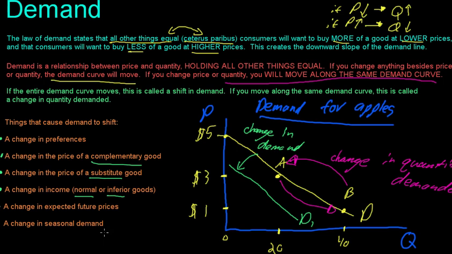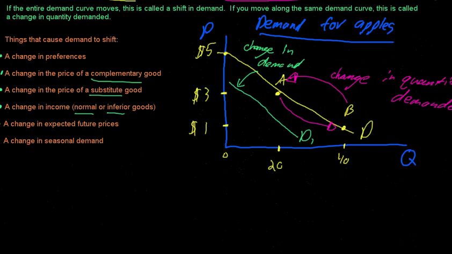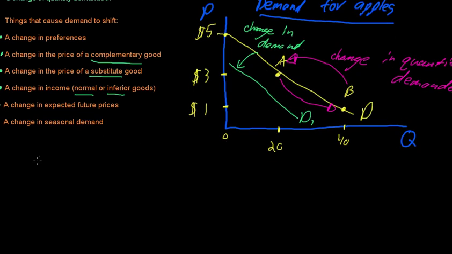So this just works like this. I'm running out of room, so I'm going to scroll down a little bit. If you think prices are going to go up in the future, then you'll buy more today.